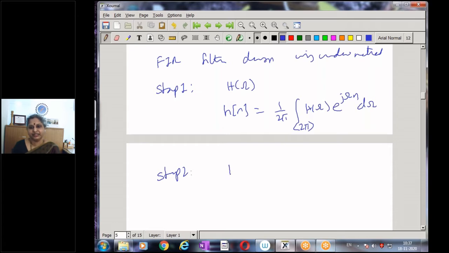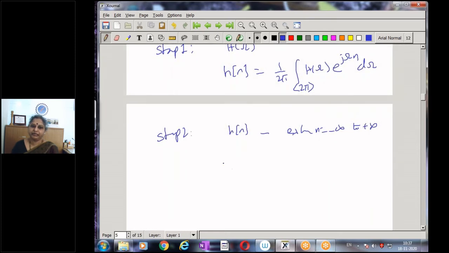And then we recognize that these coefficients h of n actually extend from n equal to minus infinity to plus infinity. But what is our aim? Our aim is to design an FIR filter, and by default this impulse response h of n is of infinite duration. But I am interested in designing an FIR filter which has to be of finite duration.